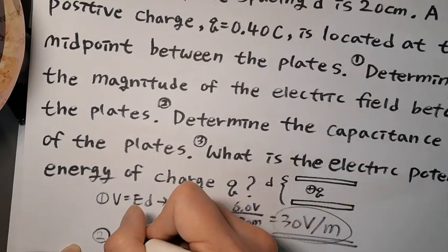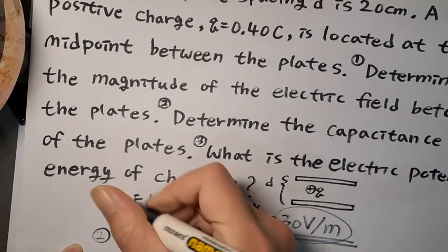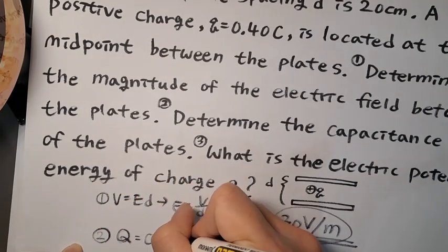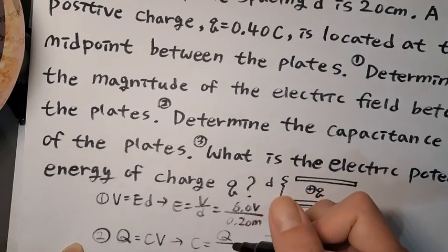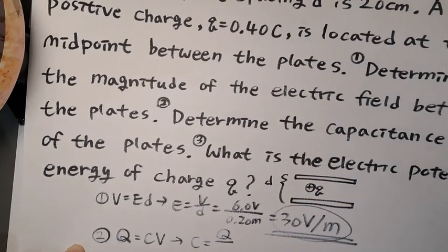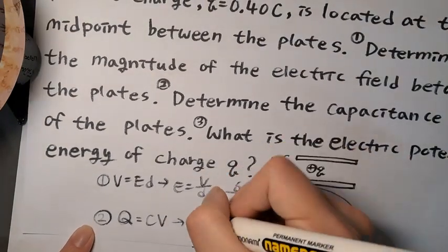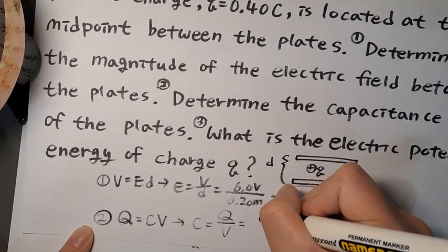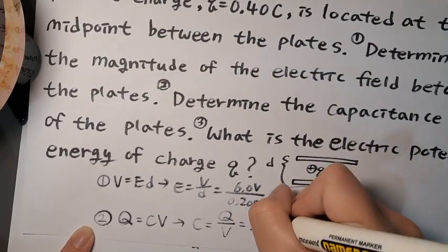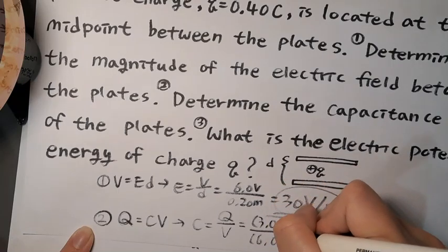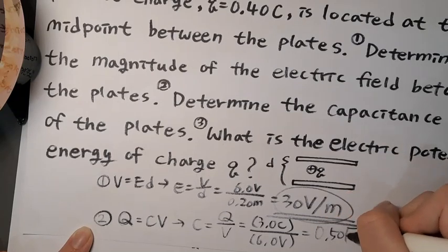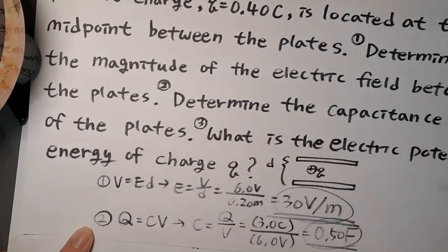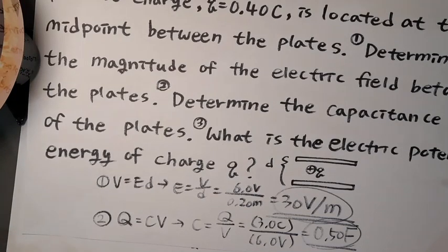And secondly, we can use this equation for finding the answer of the second question. So we can find the capacitance of 0.50 Farad.